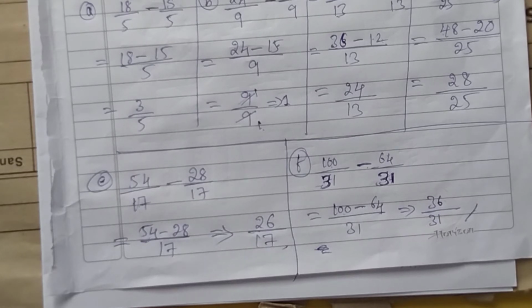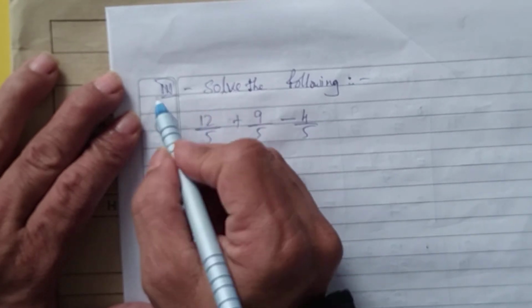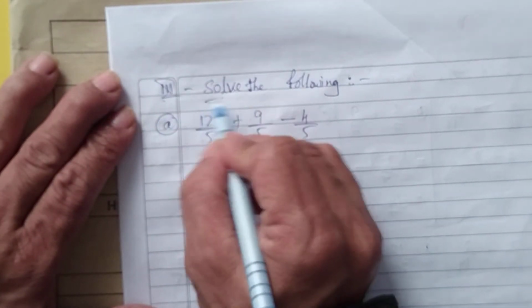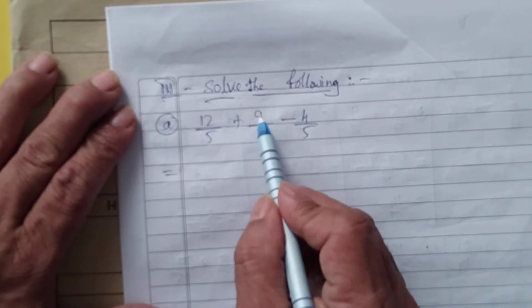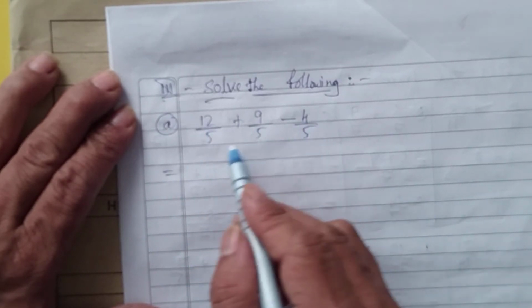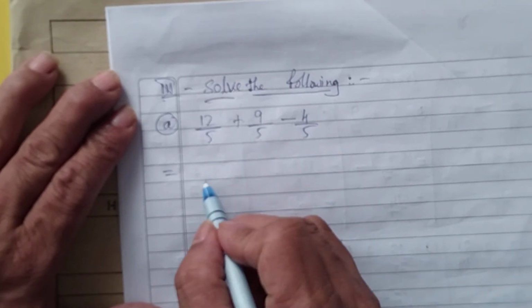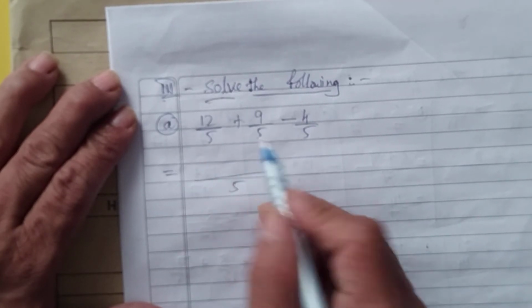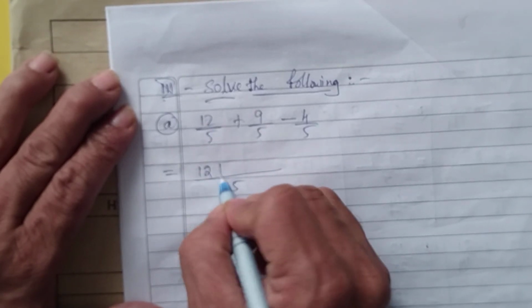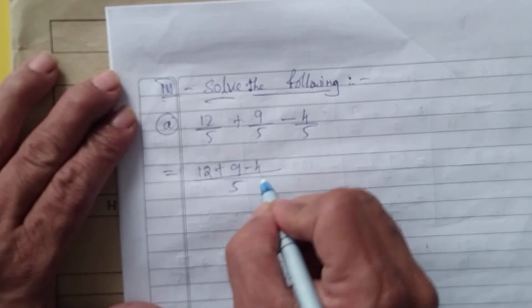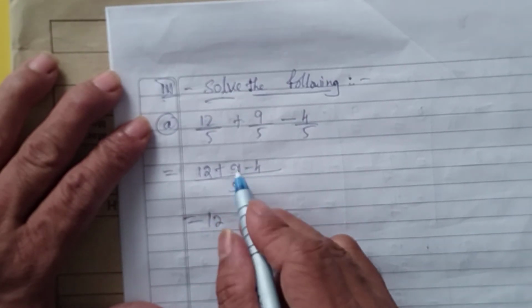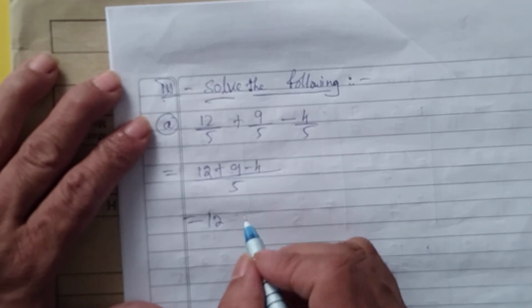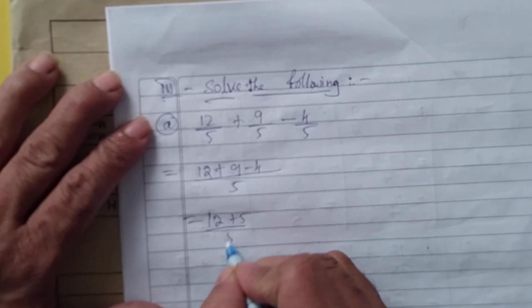No problem. Right? Okay. Now you see the third main. Solve the following. First one is 12 by 5 plus 9 by 5 minus 4 by 5. Like terms means we commonly take 5 as the denominator. So the numerator is 12 plus 9 minus 4. 12 as it is, plus 9 minus 4. 9 minus 4 is plus 5, and the denominator value should be as it is.